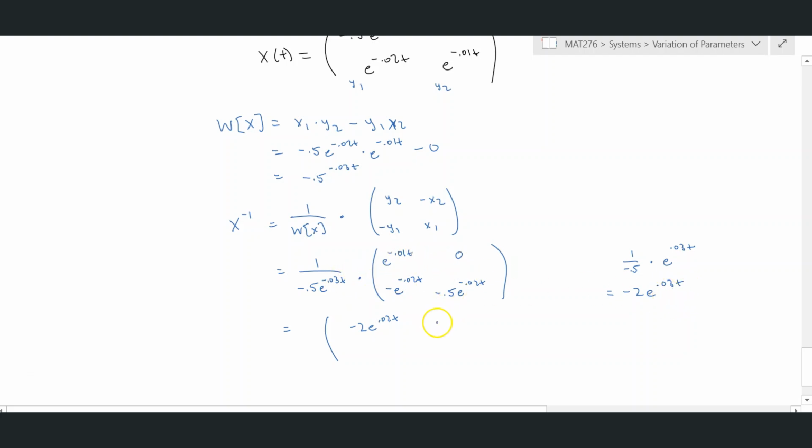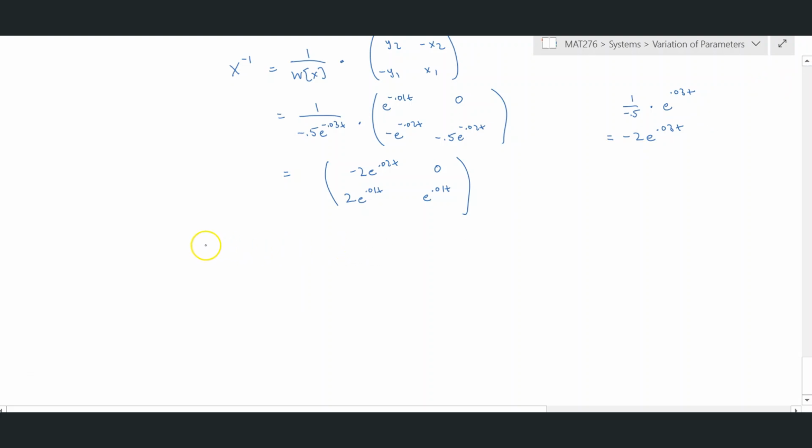And then it'll distribute into the 0, leaving that unchanged. Multiplied by this, we have a negative 1 times a negative 2. Negative 0.02 t plus 0.03 t would give us positive 0.01 t. And then when we distribute that here, negative 2 times negative 1/2 will give us positive 1. Again, we'll just add the powers, 0.01 t, just like that.